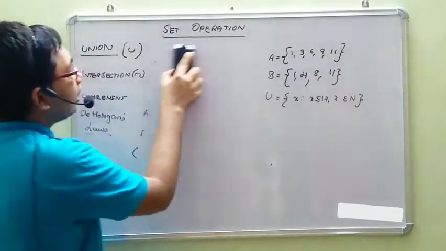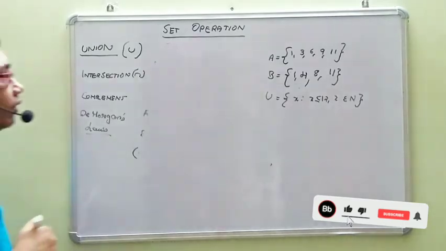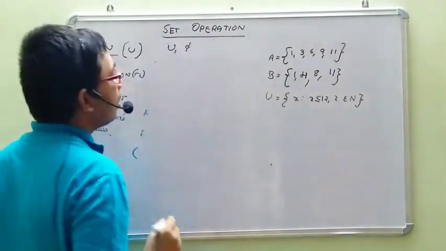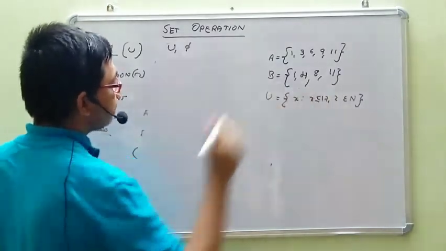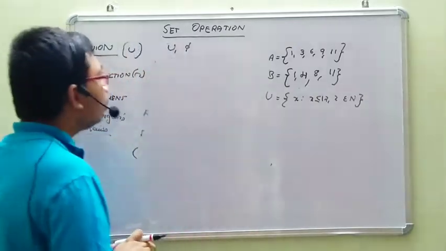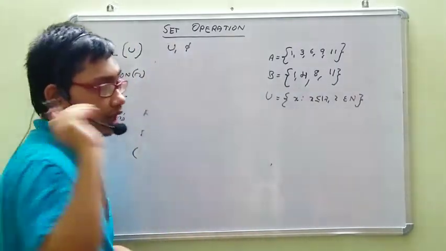The things that are important are the set U and the set phi. U is the universal set, and phi is the null set, with no elements. What is the peculiarity of U and phi?